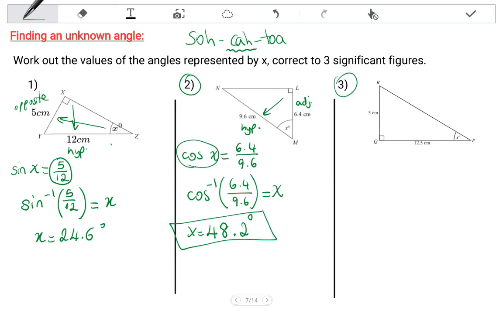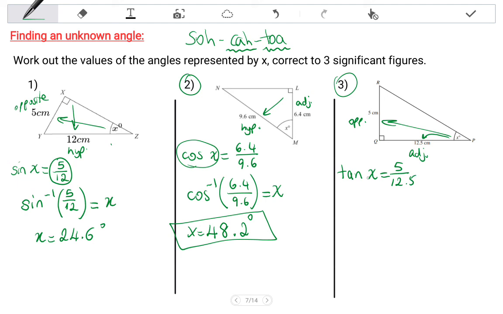And the last one here, according to angle x, the opposite side is given, 5 centimeters. The adjacent side, 12.5 centimeters, is given. So opposite and adjacent are used here, so tan will work. Tan of x equals opposite over adjacent is the formula. So 5 over 12.5.